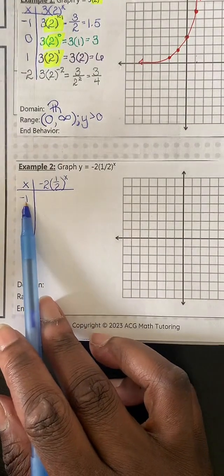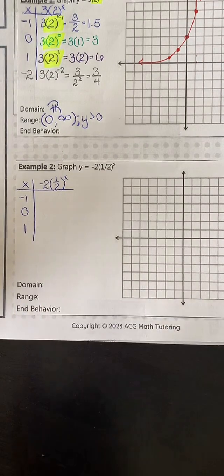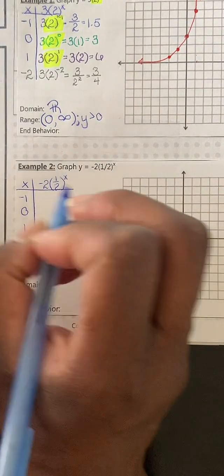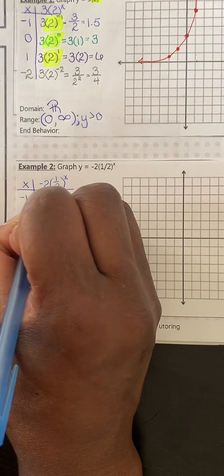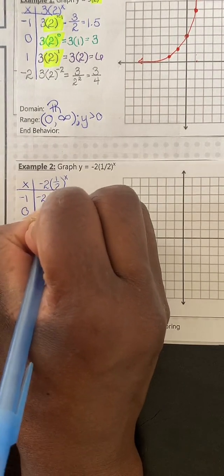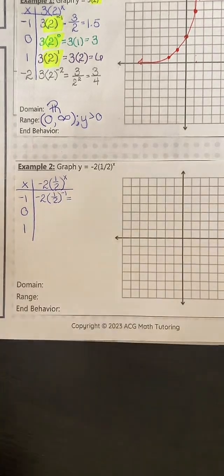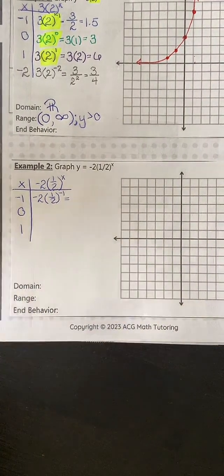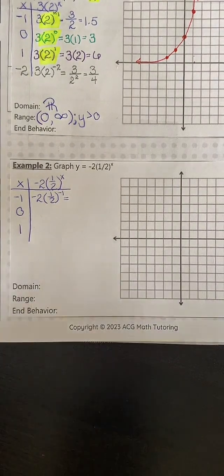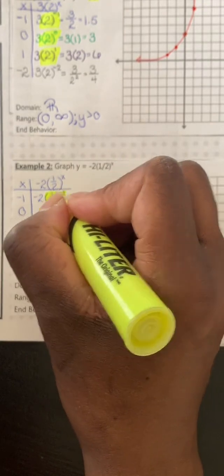So all we're doing is replacing the x with -1. So we have -2 times 1/2 raised to the negative first. The only thing that's being raised to that negative exponent for right now is the 1/2.